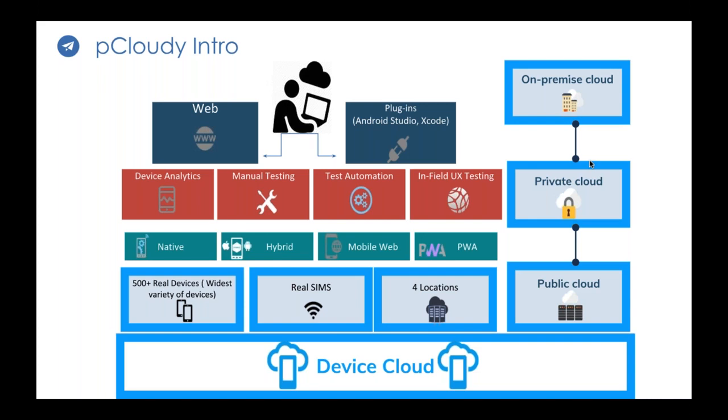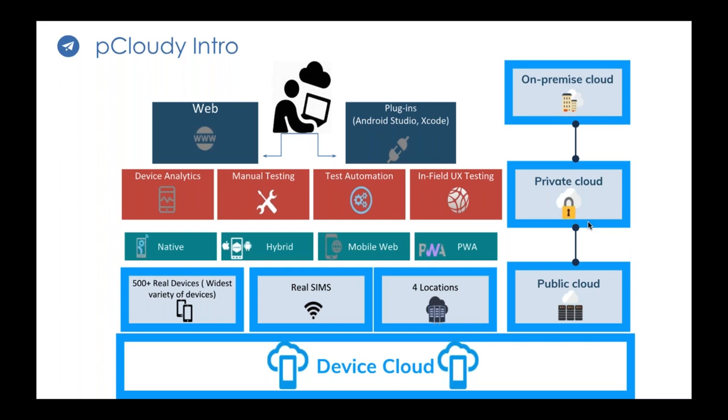Apart from that, we have something that we call a private cloud. A private cloud is a much smaller instance of the public cloud. If you are a private cloud customer, the entire cloud belongs to you, and thereby all the devices that are on that cloud are always available for people of your organization, which essentially means you have unlimited usage of that particular device.